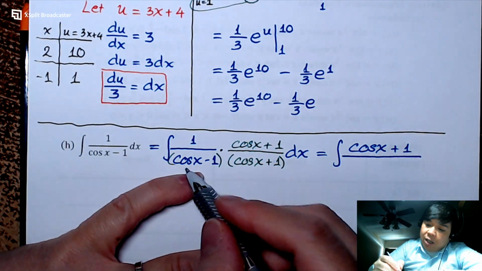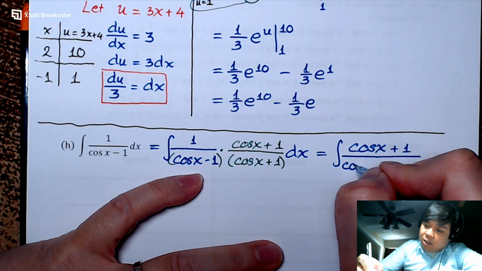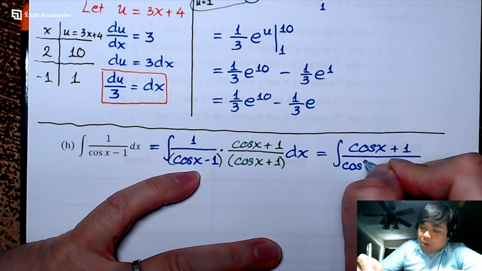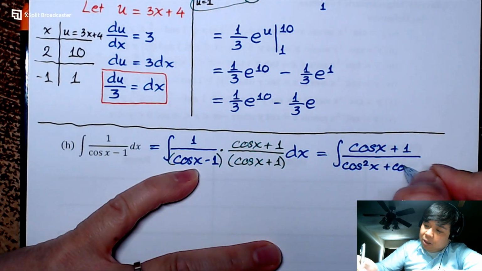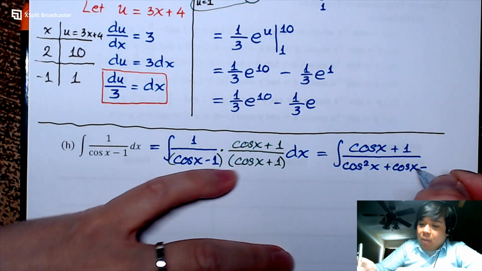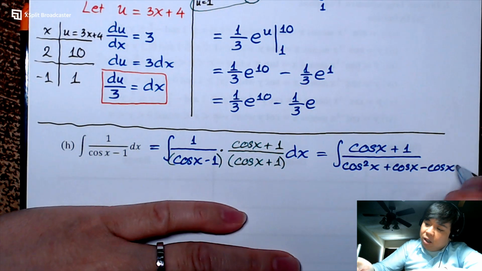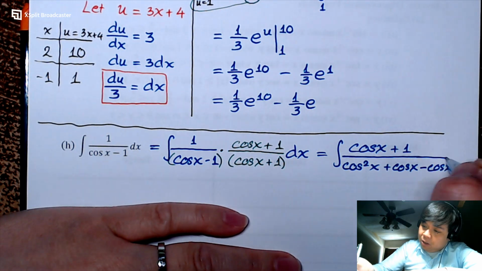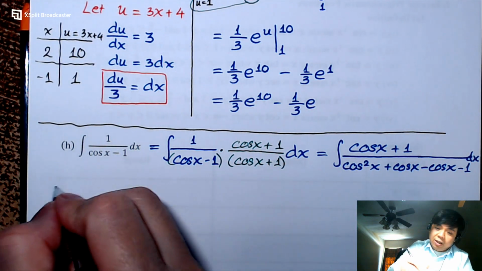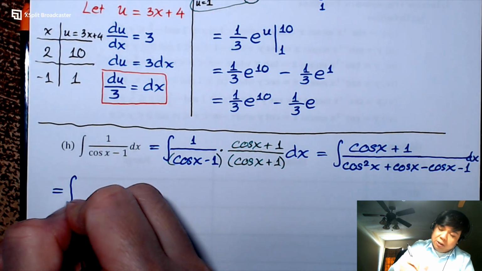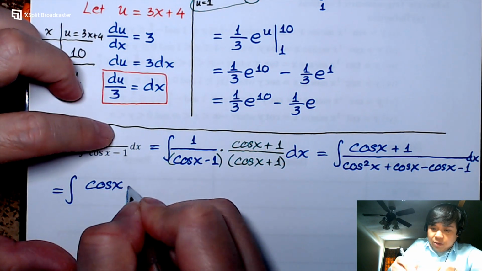Cosine of x times cosine of x, I just multiply it out. Cosine square plus cosine x minus cosine x and minus 1. The top I will have cosine of x plus 1, sorry.